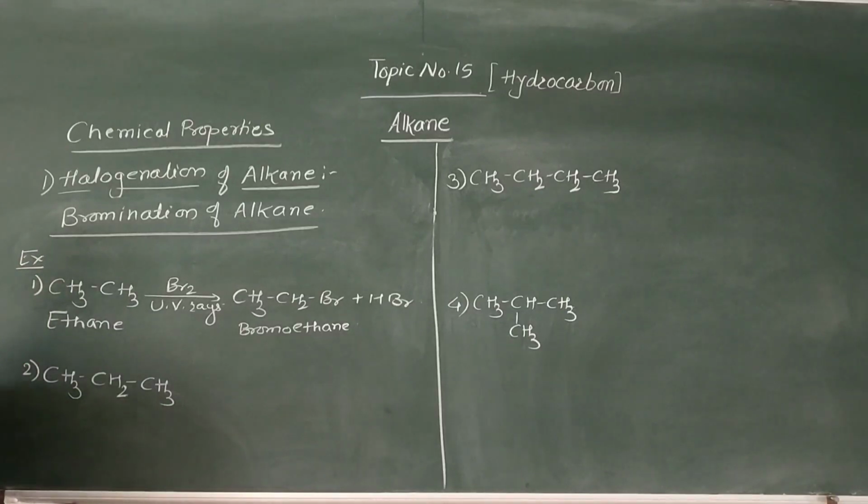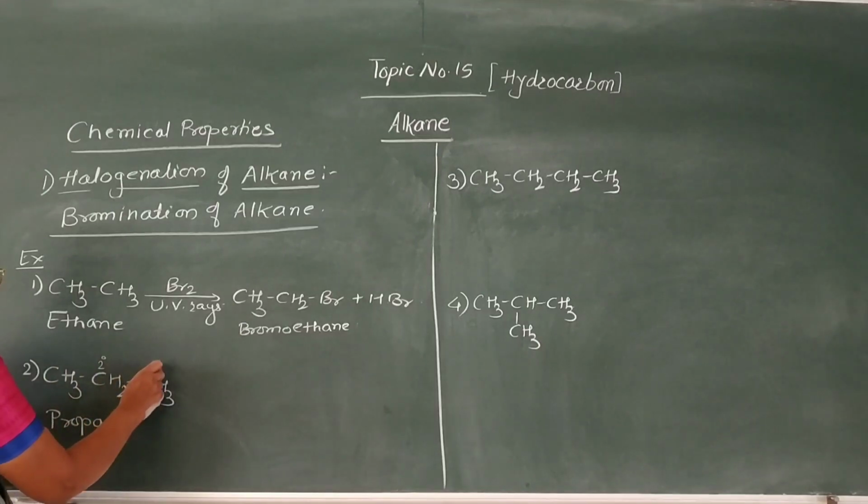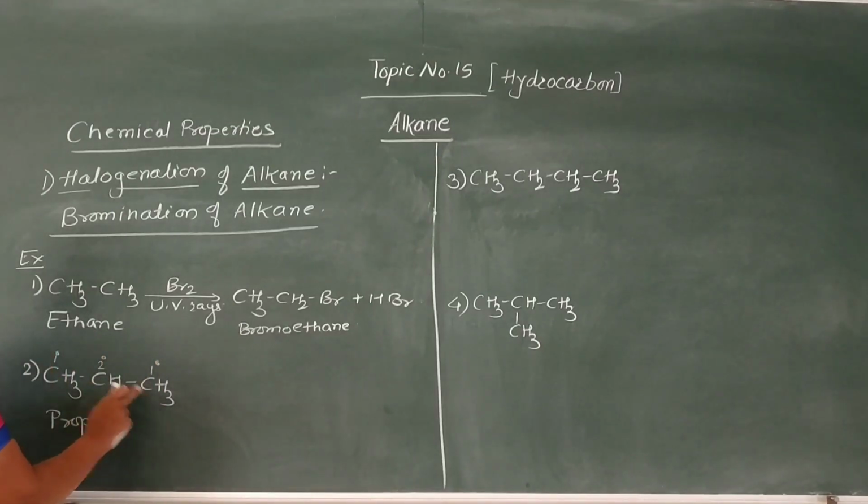Now second example, this is propane. Now in propane, this carbon atom is a secondary carbon atom because it is attached to two other carbon atoms, and this carbon atom is a primary carbon atom which is bonded to only one carbon atom.